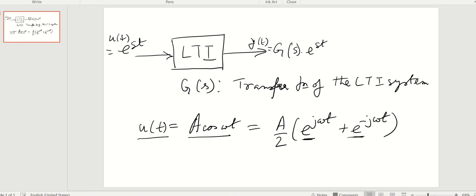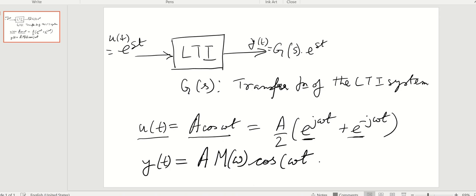Okay, and now we use this result, so we know that eventually y of t turns out to be a m of omega cos of omega t plus phi of omega, like so. So this is what our output is going to be under these circumstances.